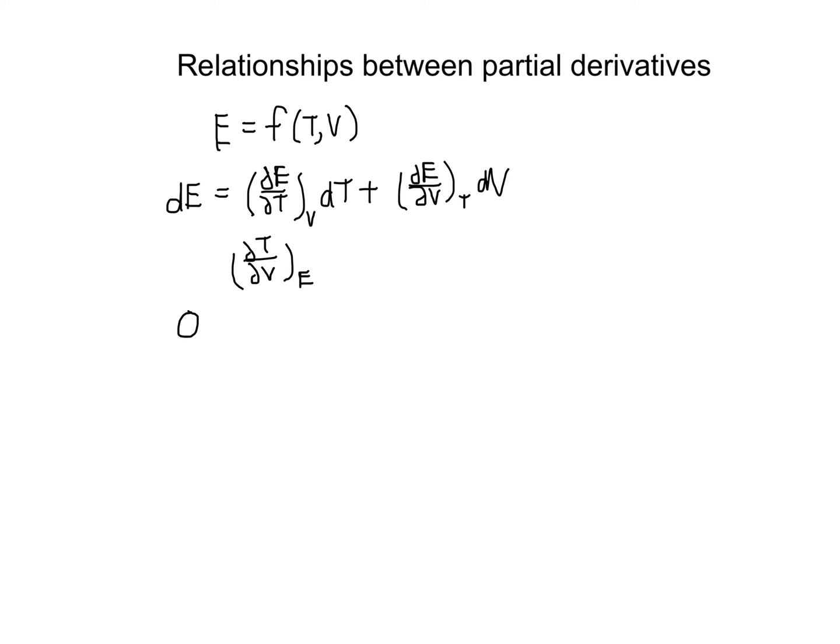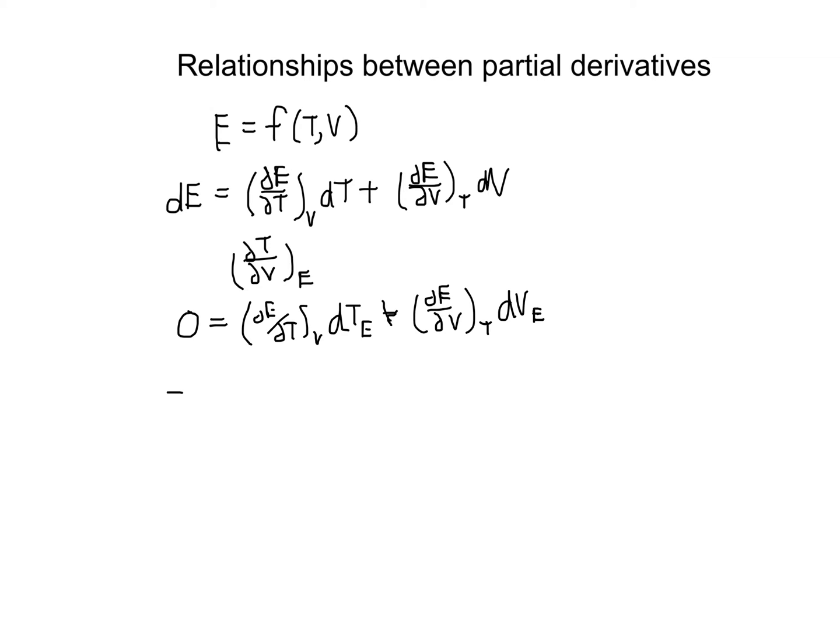And so I can write 0 is equal to how the energy changes with temperature at constant volume, dT, plus how the energy changes with volume at constant temperature, dV, remembering that my dT and dV are at constant E.